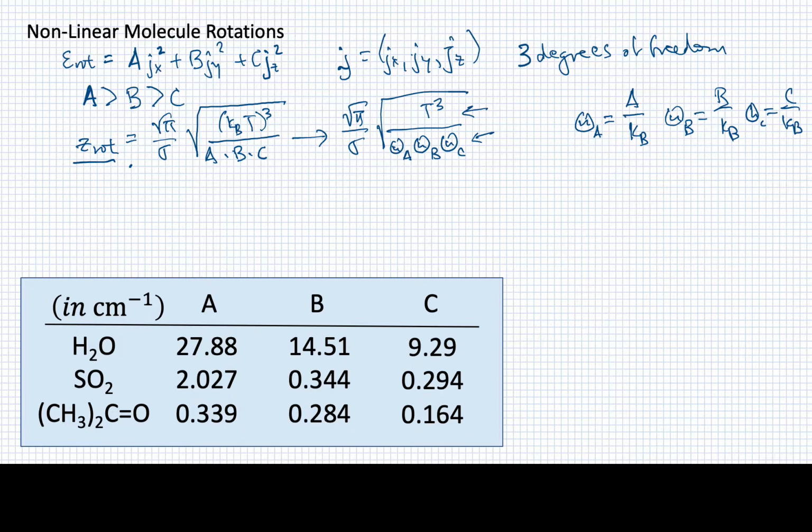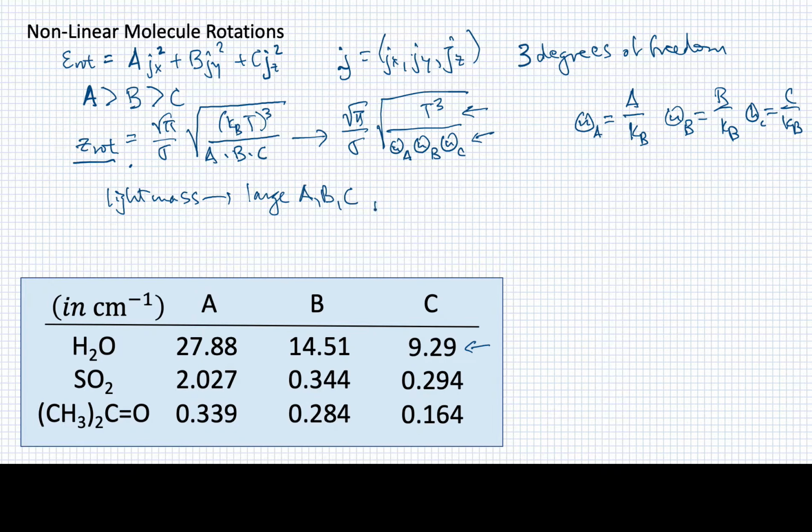All right, so what can we say about the general behavior of this? Well, first of all, we can see from these rotational constants listed in the table below that water is the lightest of these 3 and it has the largest rotational constants. So once again, we see that light mass also results in large rotational constants.